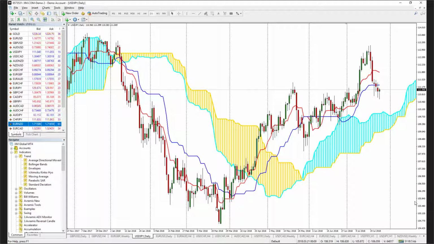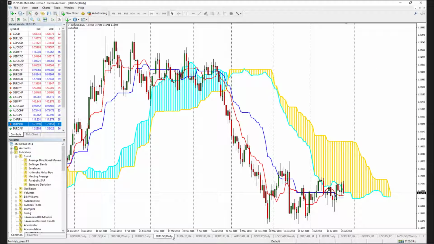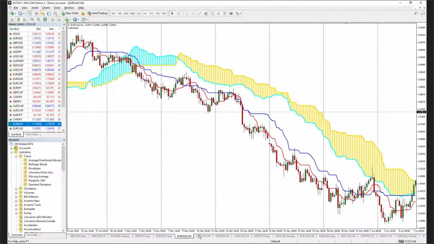So before we see any other examples or anything else, how is that Ichimoku looking to you? Is it clear to see those signals?